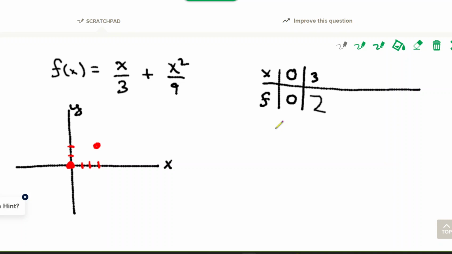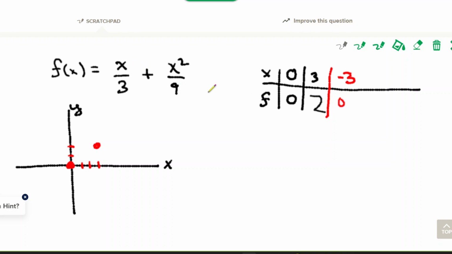If the input were -3, then you'd have -3 divided by 3 is -1, plus -3 to the second power, which is +9, -3 times -3. So 9 over 9 is +1. -1 plus +1 is 0.